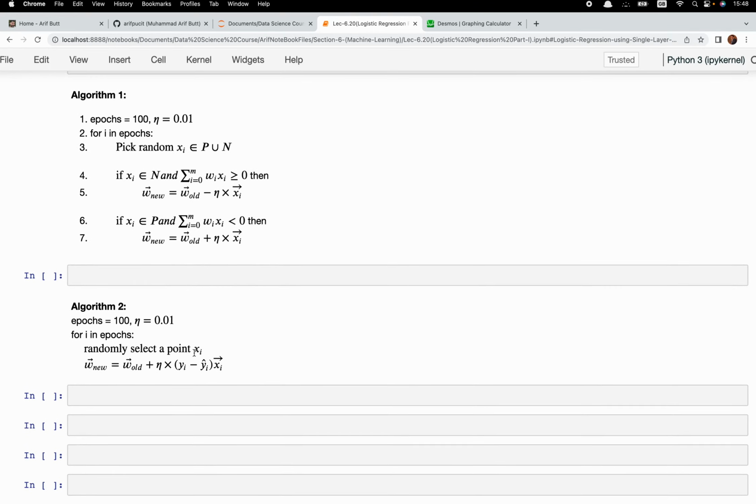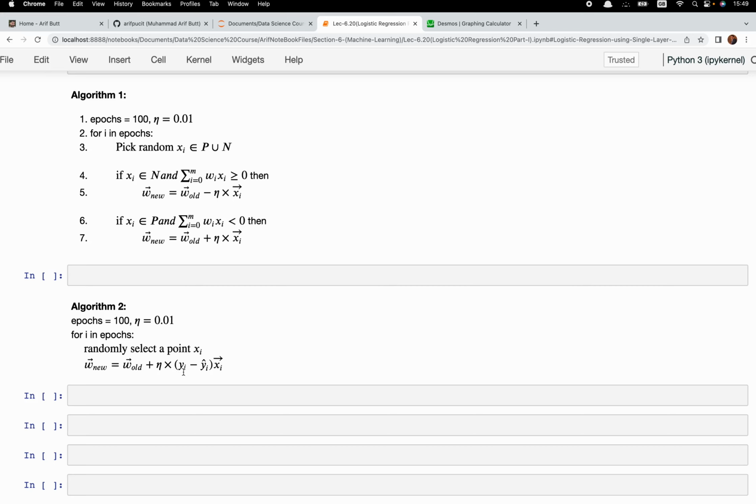Well, a more elegant way of writing this algorithm without using the two if conditions is shown over here. Here yi is the actual label and this yi hat is the prediction. If the data point is correctly classified, then yi minus yi hat will be 0. 1 minus 1 will be 0. 0 minus 0 will be 0. So no update will occur because this second term will become 0.